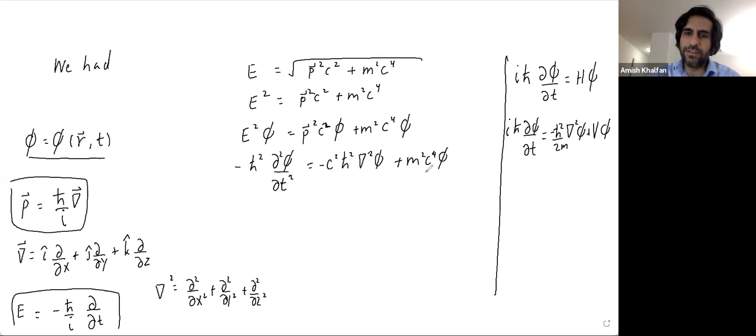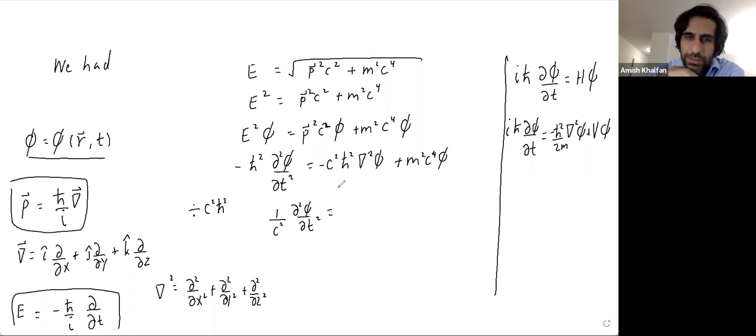times phi. And then to make it look more like what you would see in textbooks on relativistic quantum mechanics or quantum field theory, let me divide by c squared h bar squared on all sides. If I do that on the left, I'll have 1 over c squared d2 phi dt squared.